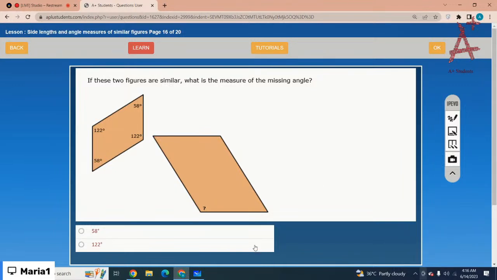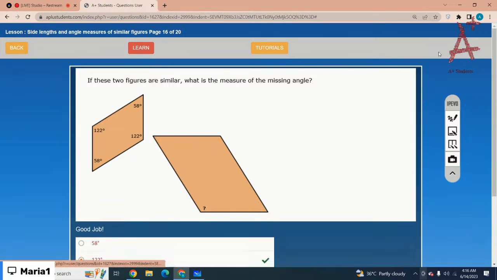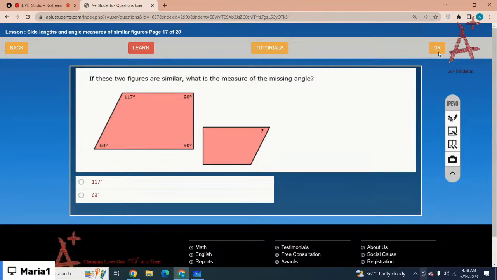Very good. Okay, if these two figures are similar, what is the measure of the missing angle? Yes, very good. That would be 63.